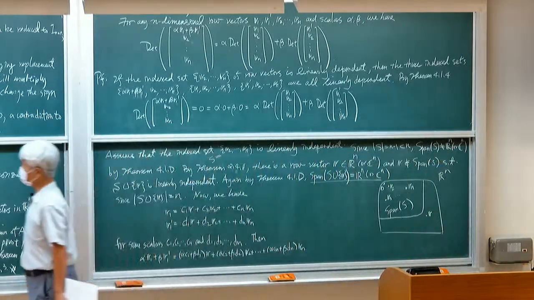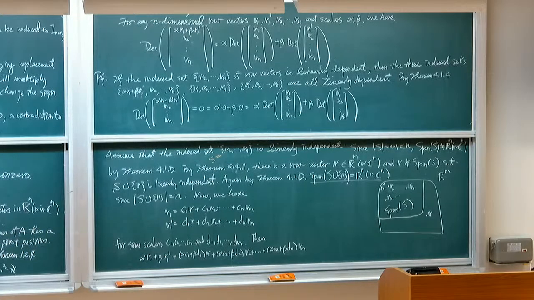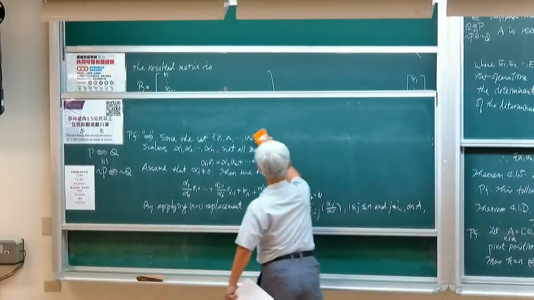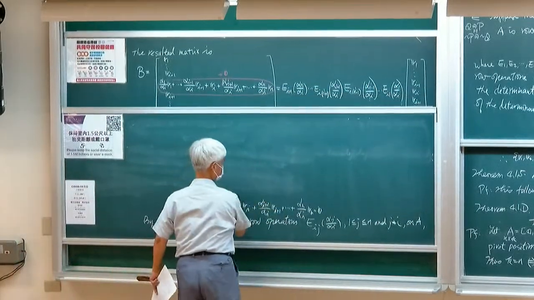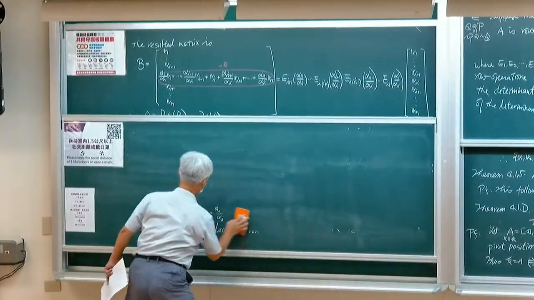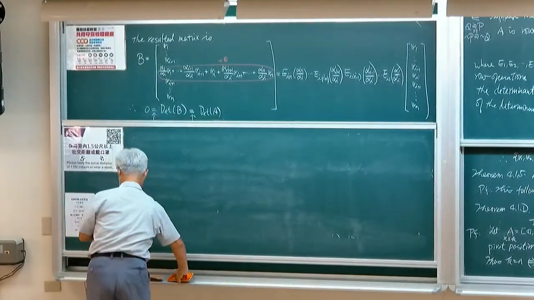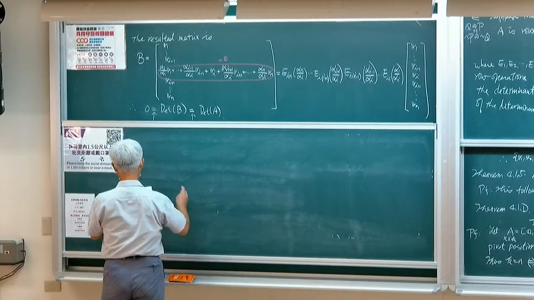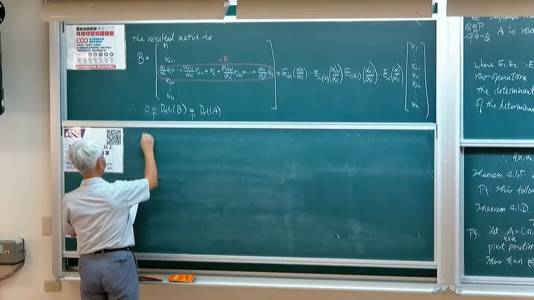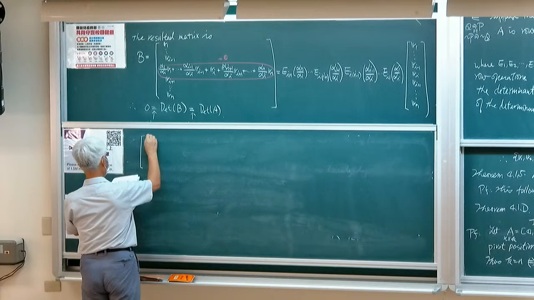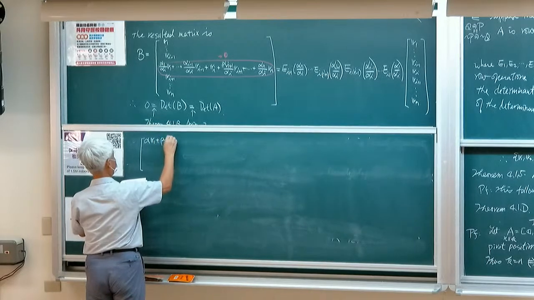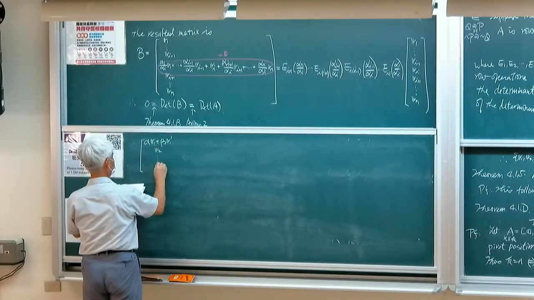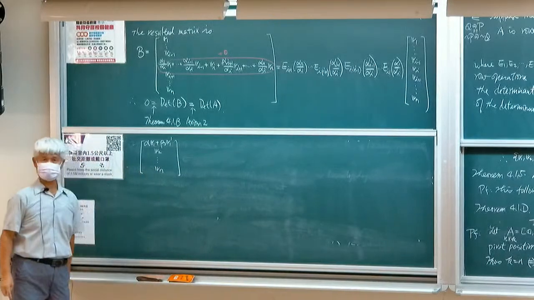All right, so now we are in a very good position to do the replacement operation. Okay, so here, alpha R1 plus beta R1 prime, R2 up to Rn, so this matrix.